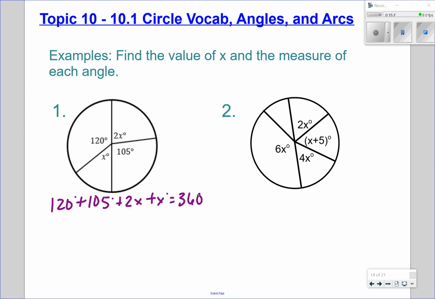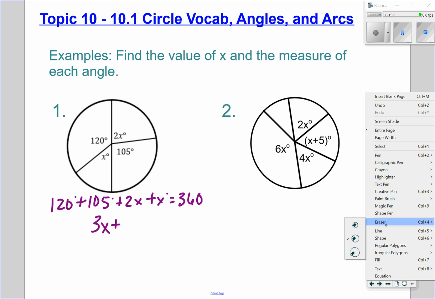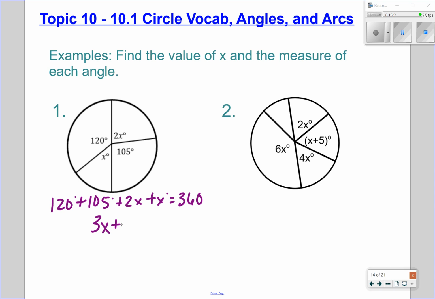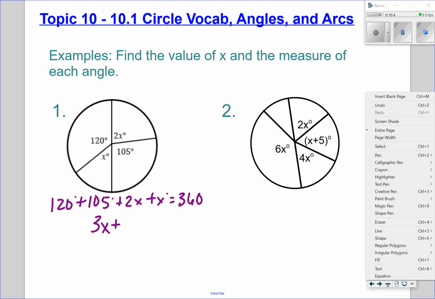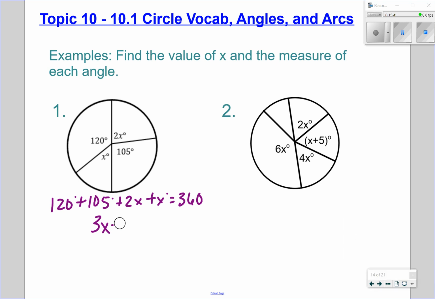If you subtract the 120 and the 105, you're going to get 2x plus x, or 3x. My apologies. We're going to go ahead and subtract the 120 and the 105, just so I'm going to combine two steps here in one. Okay.